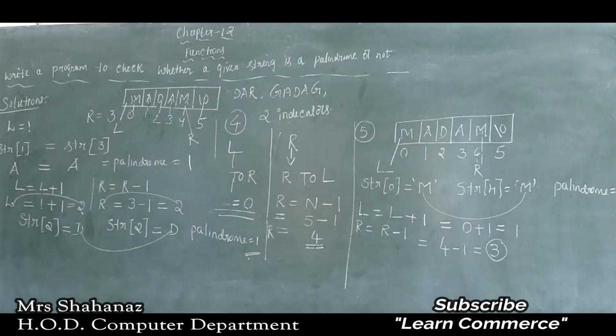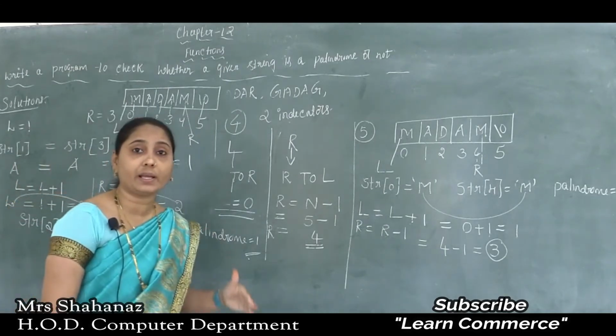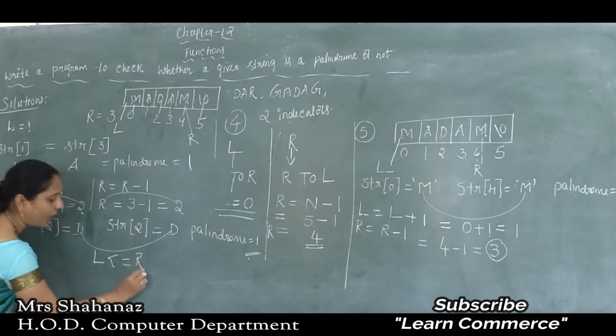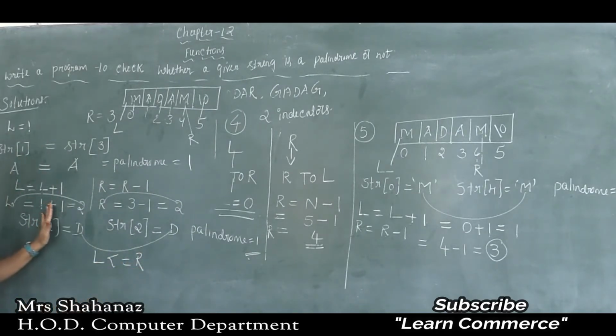Lastly, when you check, this condition is going to occur: we can check one by one here till the L value is less than or equal to R, okay here? So this type of condition we can use, as long as L is less than or equal to R in this case here.